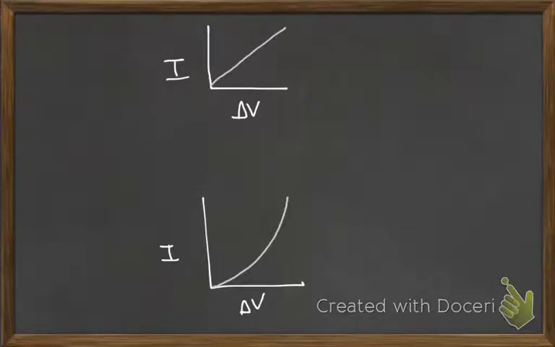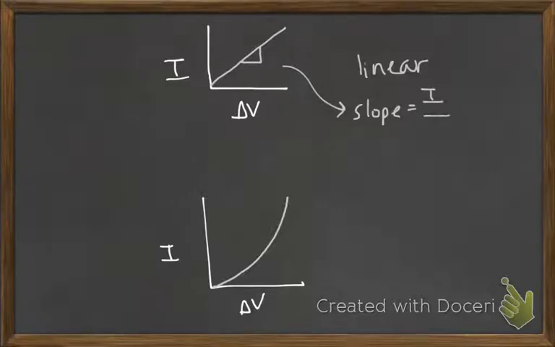The top one. So if you have a linear graph when you look at current versus potential difference, and by the way, the slope of that one right there, what's our definition of slope? Rise over run. What's on our rise axis? Current, and then potential difference is there.